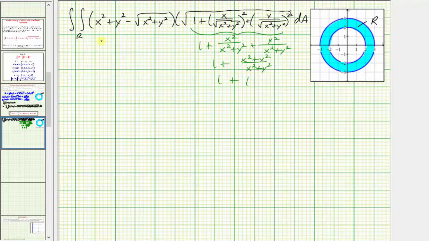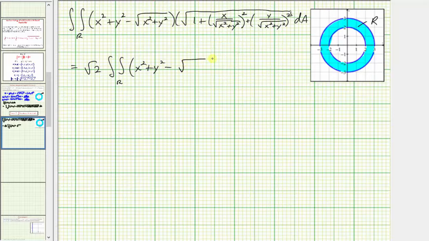So let's write this as the square root of 2 times the double integral over the region R of, now the integrand function is just x squared plus y squared minus the square root of the quantity x squared plus y squared, differential a. Now from here, because the region R is bounded between two circles, let's write this using polar coordinates, where differential a is equal to r dr d theta and x squared plus y squared is equal to r squared.